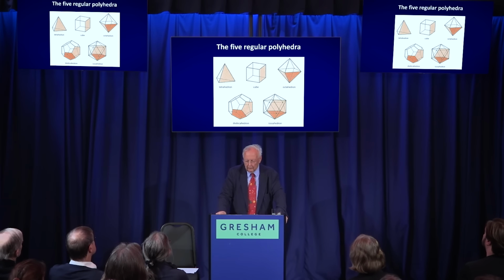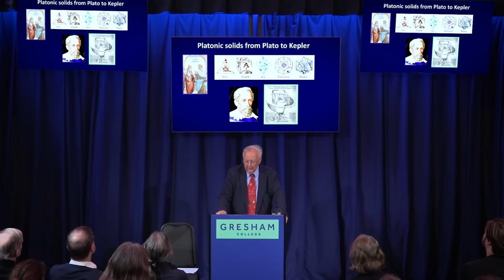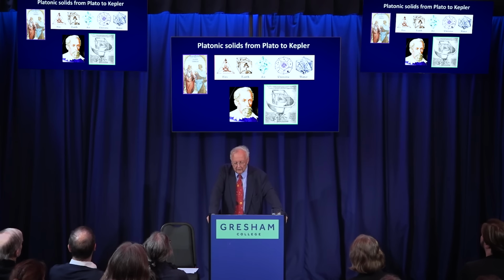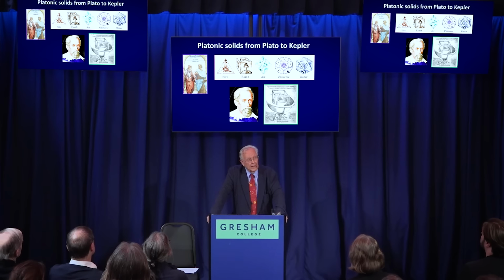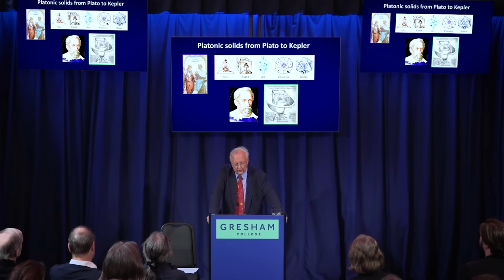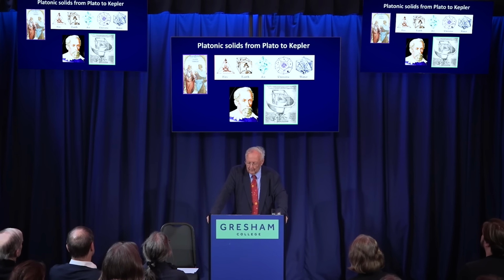These polyhedra are often called Platonic solids, after Plato, who described them in his dialogue Timaeus, linking them with the 4 ancient Greek elements of fire, earth, air, and water, and also with the universe for the dodecahedron. In 1596, another link between the heavens and the Platonic solids was proposed by Kepler.